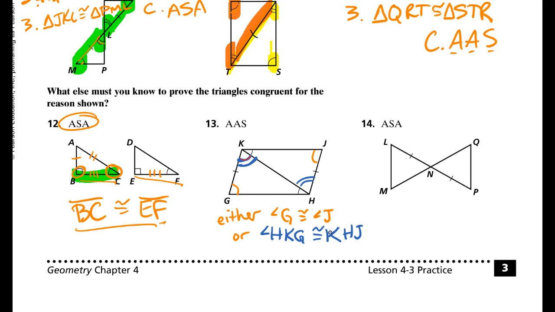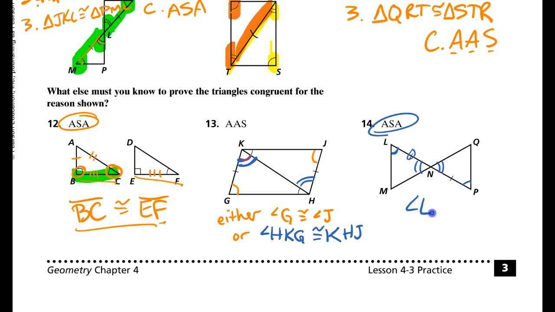And now, what are we missing if we're trying to prove these 2 guys are congruent by angle, side, angle? Well, this is the side. That means I need both angles. I need this guy congruent to this guy, and I need my vertical angles congruent.